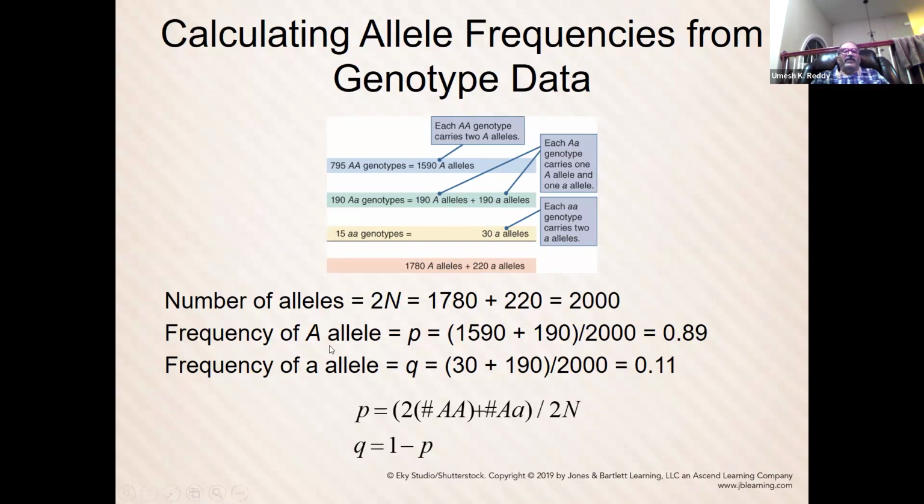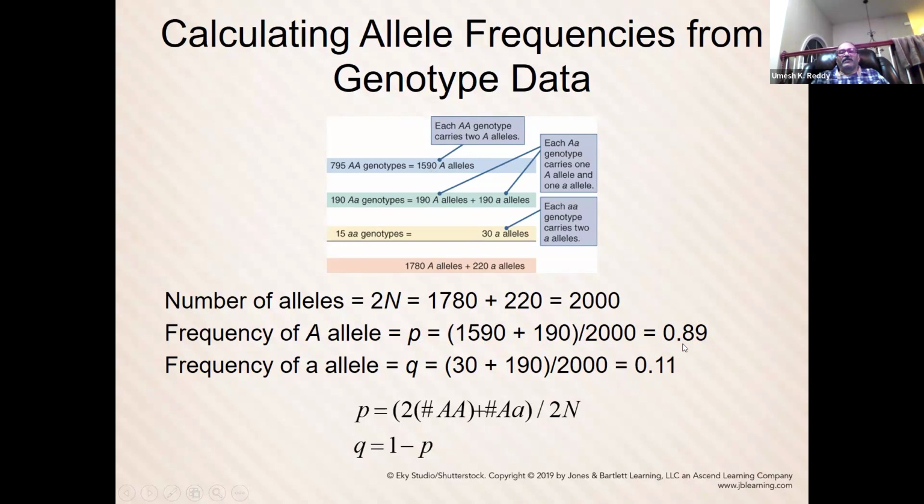So what is the frequency of the A allele? If you consider the frequency of A as P, it is 1590 plus 190, where 1590 is from the homozygotes and 190 is from the heterozygotes, divided by 2000, which is 0.89.